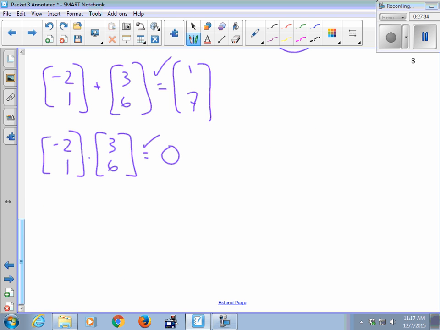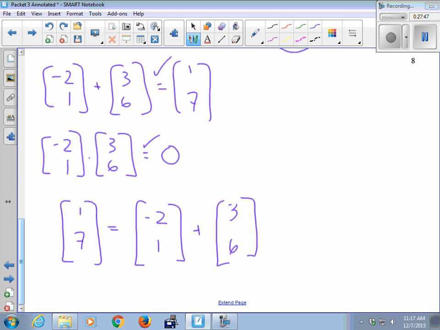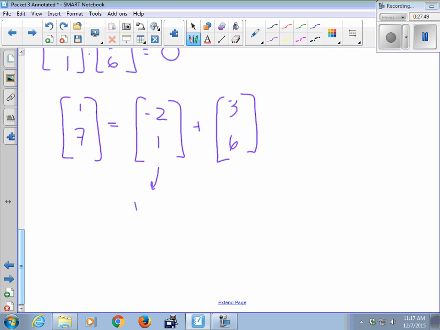So the question said, rewrite your vector 1, 7 as the sum of two vectors, one in the direction of u and one orthogonal to u. So this vector is in the direction of u, meaning on the line that is the span of u. And this one is orthogonal to u.